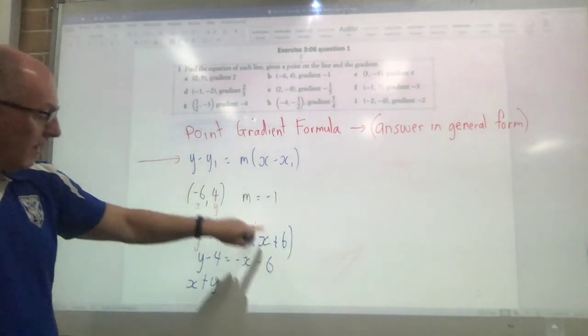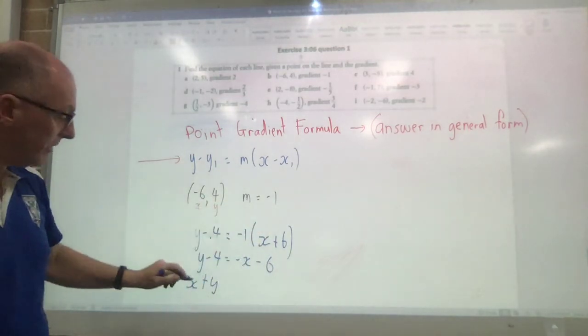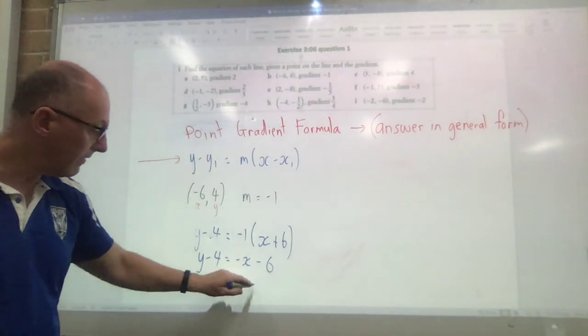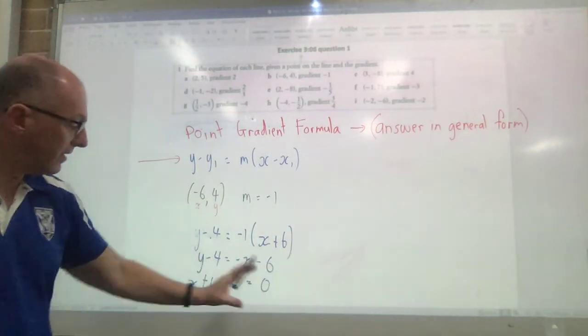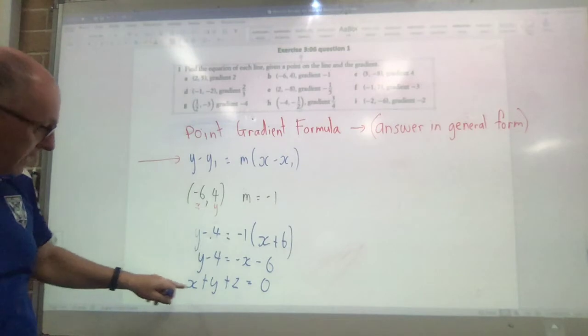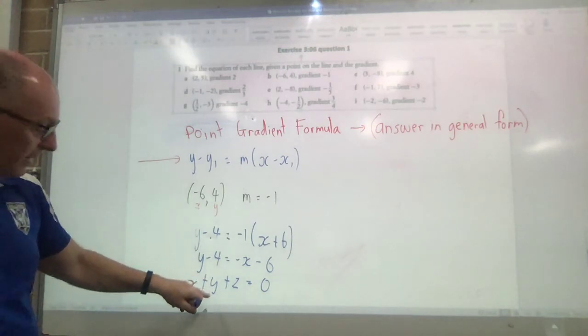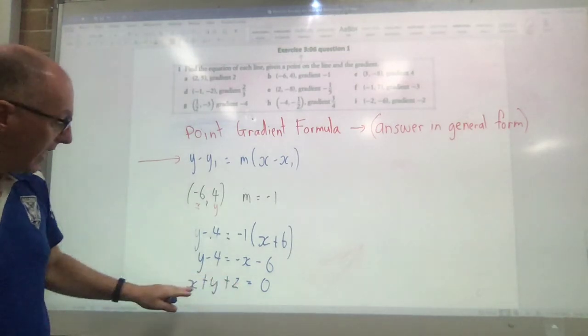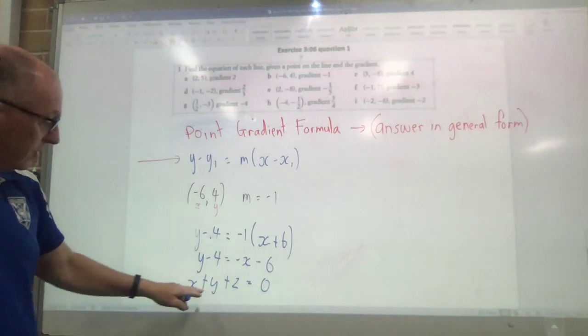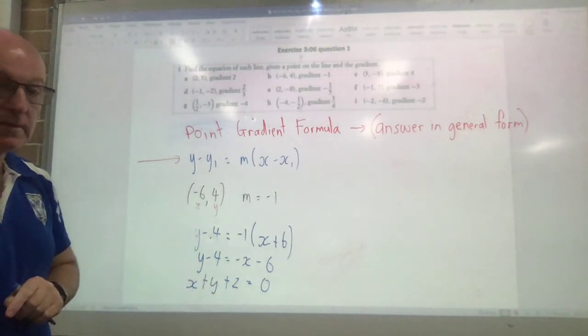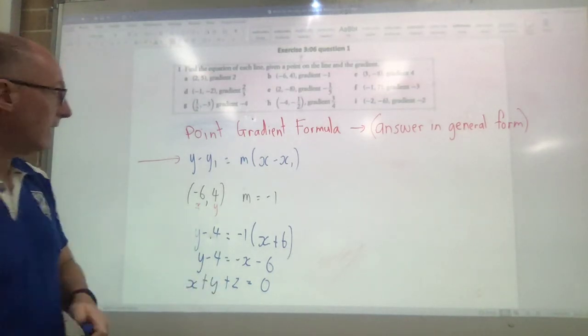Minus 4 plus 6 is plus 2. And I've got nothing left on the other side, so it just equals 0. So it's in general form. X is first, y is second, the constant is third, and neither of these are fractions. Okay, I'll move on.